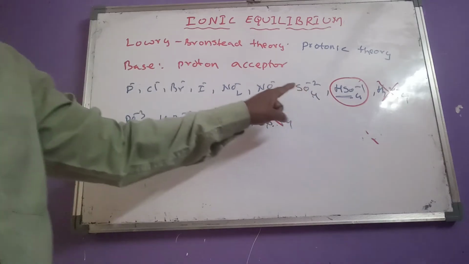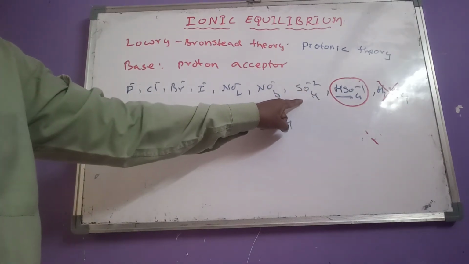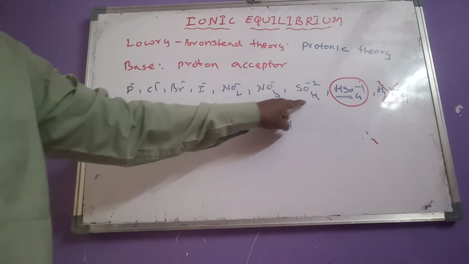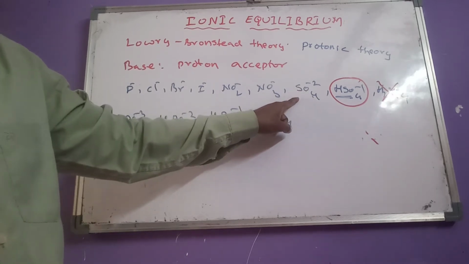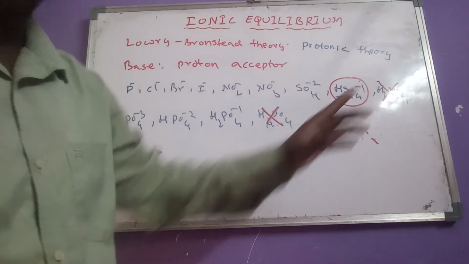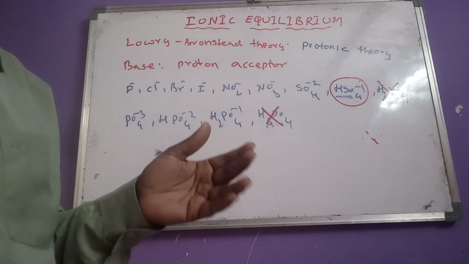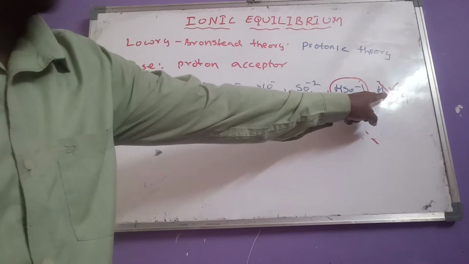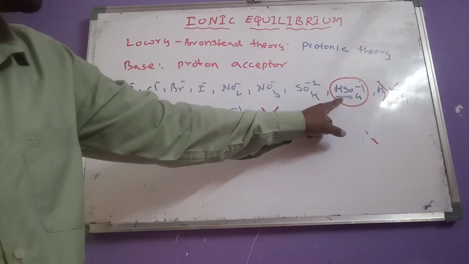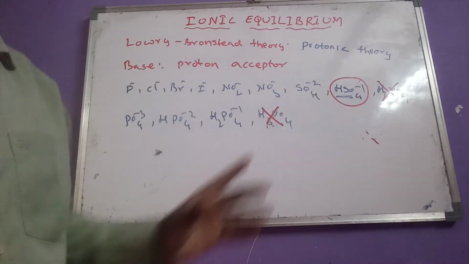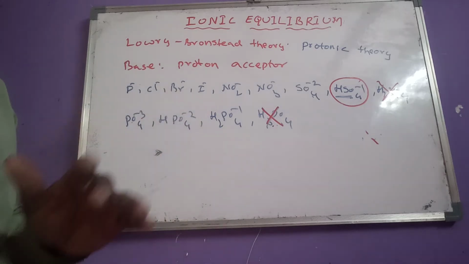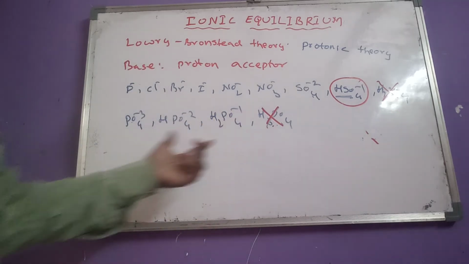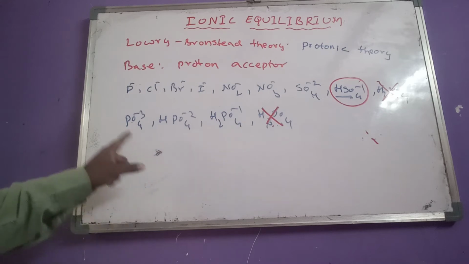Among these three, SO4 minus 2 acts as a Bronsted base only, but doesn't act as an acid. And H2SO4 acts as a Bronsted acid only, but couldn't act as a Bronsted base. But HSO4 minus can act as both a Bronsted acid and base. Similarly, come to this example also.